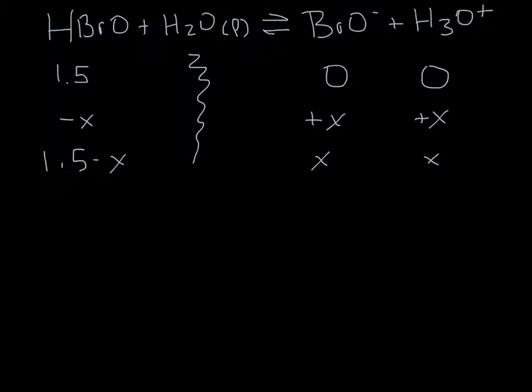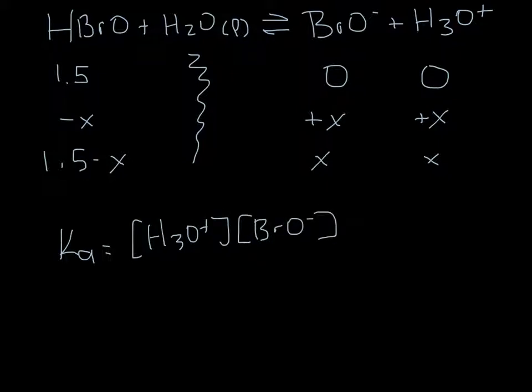Alright, so let's solve this. We have that Ka is equal to, well, that's going to be the concentration of the hydronium ion times the concentration of the hypobromite ion over the concentration of hypobromous acid.